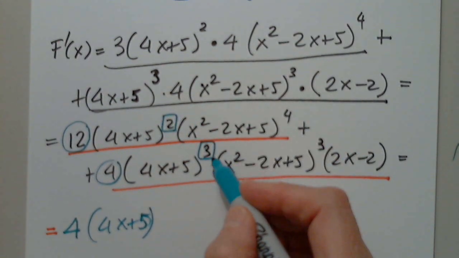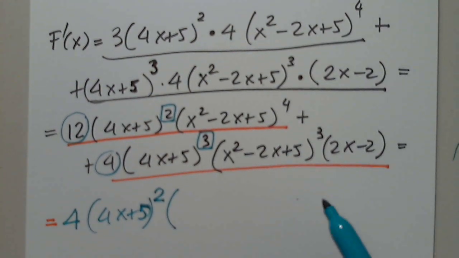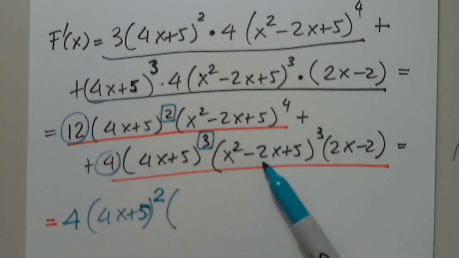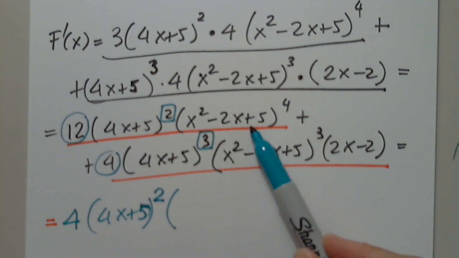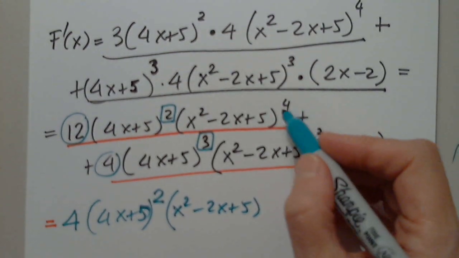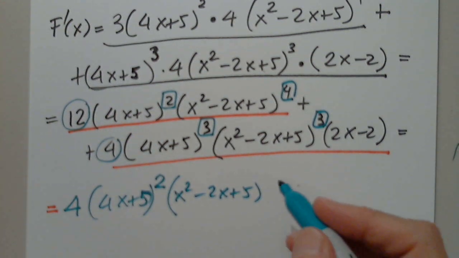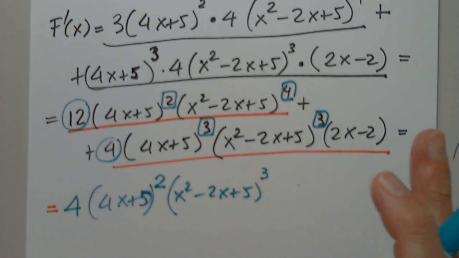Which power? 2. Exactly, it has to be the smallest of the two. What else is in common here? x squared minus 2x plus 5 to which power? The third. That's it. There's nothing else.